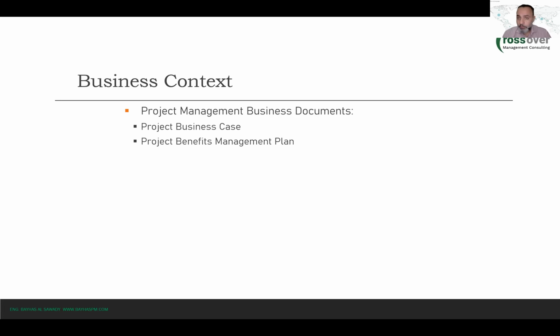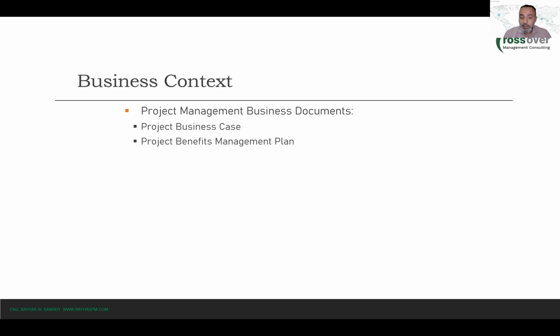we will develop, or the organization will develop, or the responsible parties, for instance the business analyst, will develop some documents that will indicate the need and the business case and the benefits of the project, right? And we call those documents the business documents because they are created before the project.